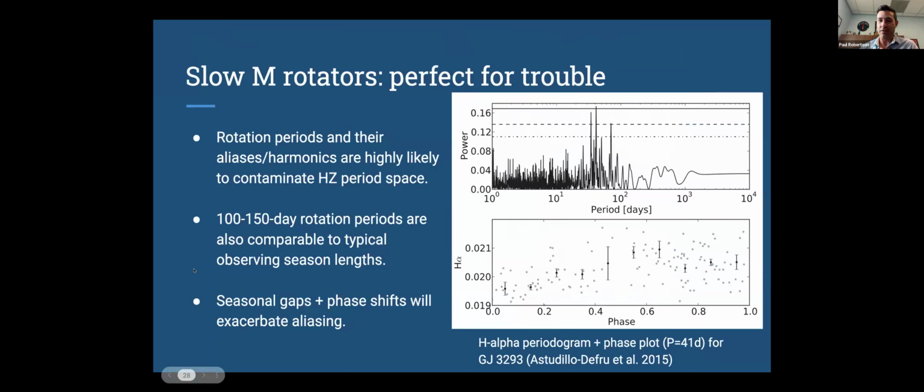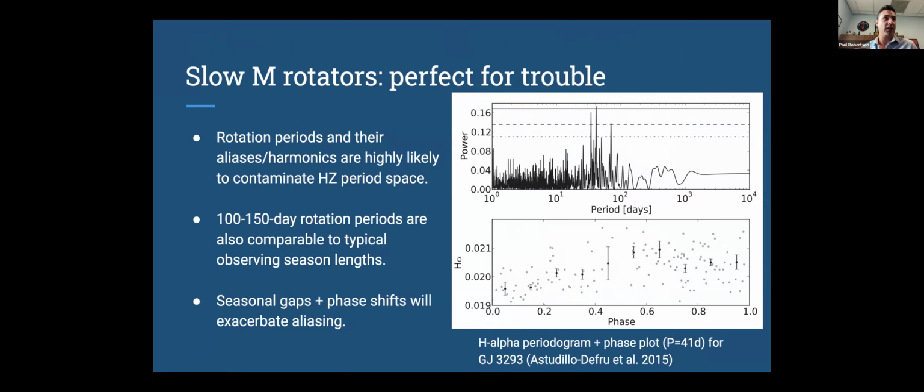These long rotation periods can be really difficult though because they last a long time and the spot lifetimes can be pretty long. So if you have 100, 150-day rotation periods, Barnard's star is about 145 days, so it's getting really long. It's comparable to the duration of a single observing season, and that tends to exacerbate aliasing.